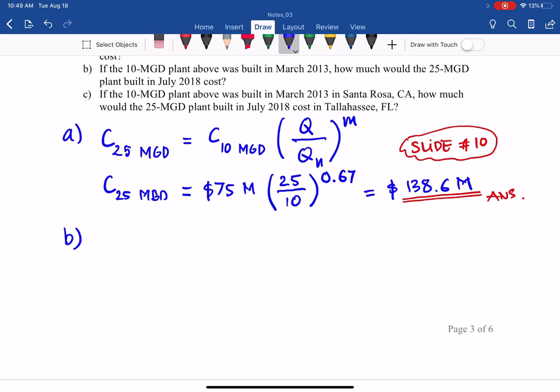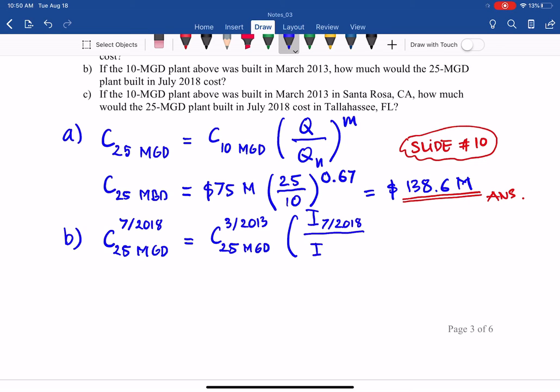So for problem 1, what is the question asked? Determine the cost of a 25 million gallon per day water treatment plant built in July 2018. We know the cost of the same project with the same capacity built in March 2013, and we have the index for July 2018 divided by the index for March 2013.